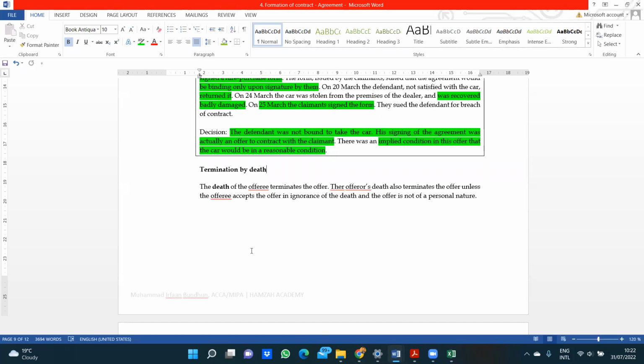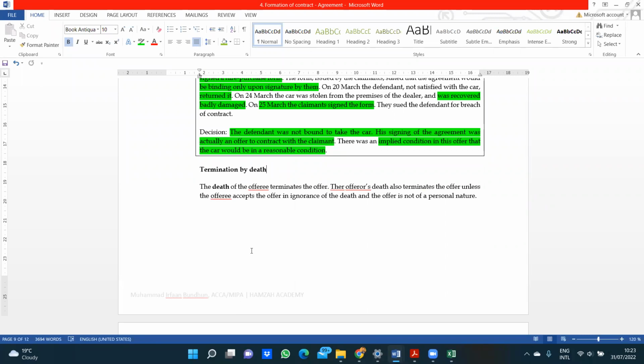However, the offerer's death also terminates the offer. But if the offeree accepts it, given that it is not of a personal nature and he was in ignorance of the death of the offerer, the offer goes on.